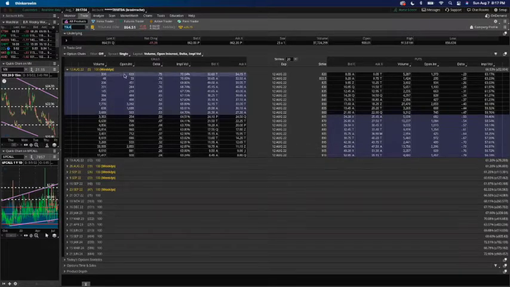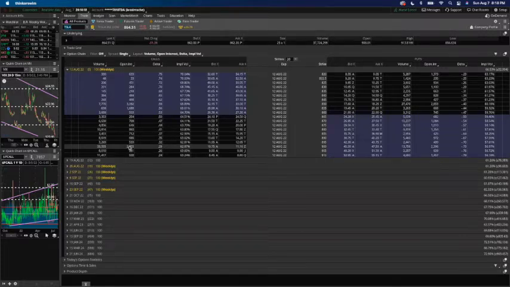Basically, open interest means how many open positions people have of this particular contract. For example, this one has 2,855 contracts currently open. That means 2,855 people have this 900 call open.